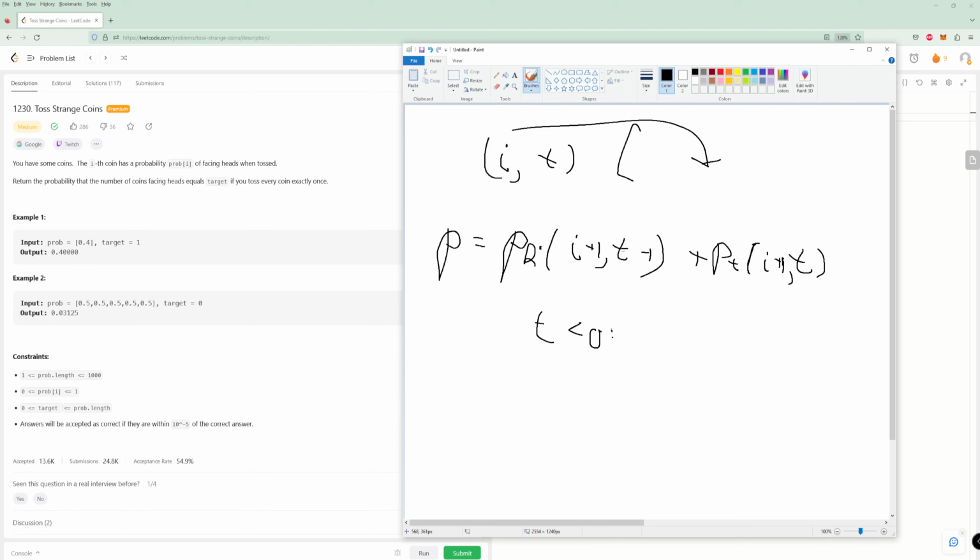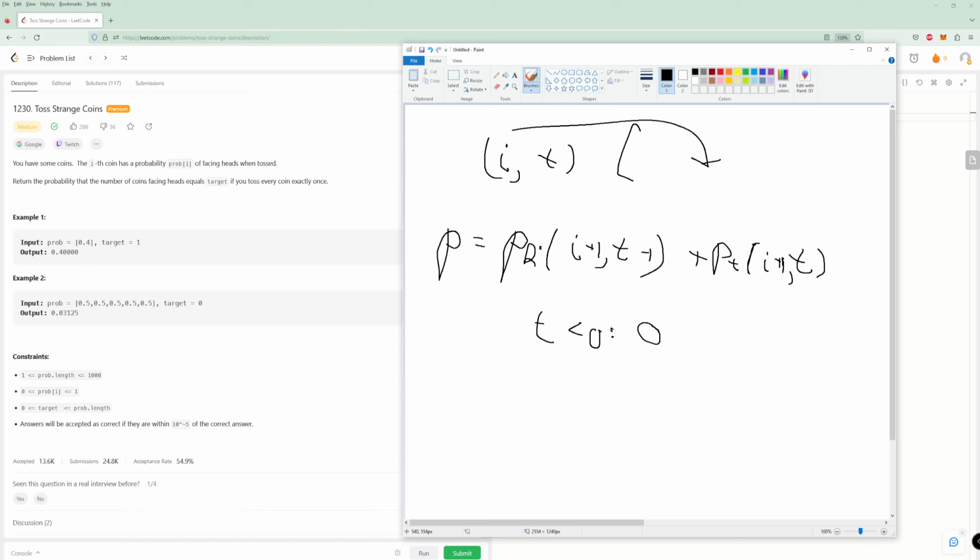Like if we had target 0, let's say here, but then we got a heads, then that's no good. So if target is less than 0, we can simply return 0. And then by the way, we can just return 0 for anything that's not matching what we care about. And then we're only going to add up the probabilities of things we care about, and then that'll give us our actual result. So if target is less than 0, then obviously we want to return 0 because we failed.